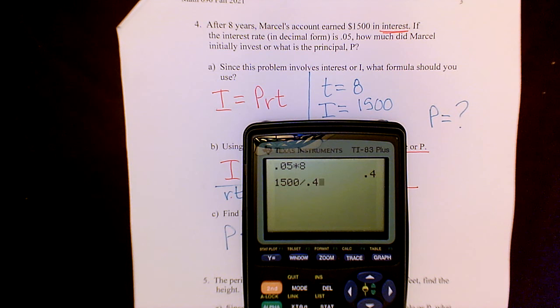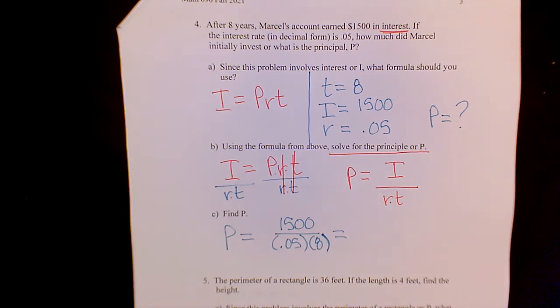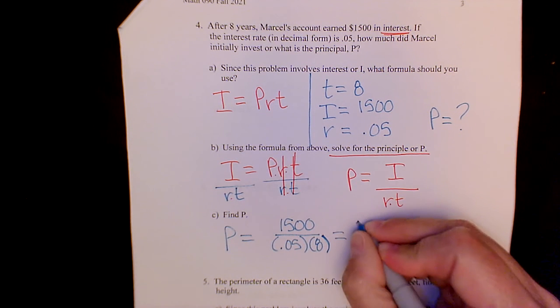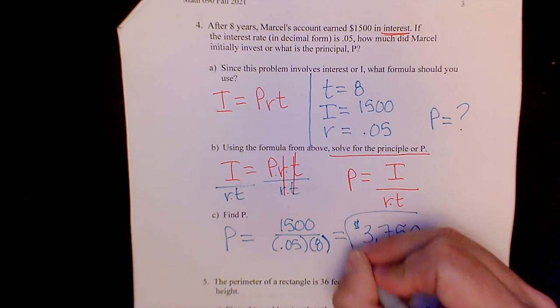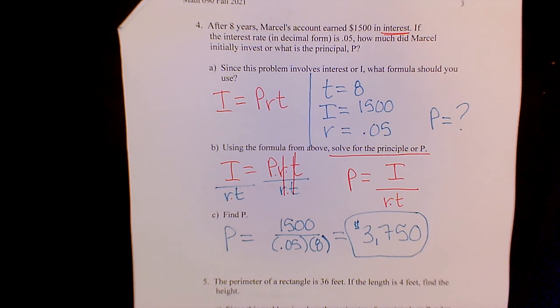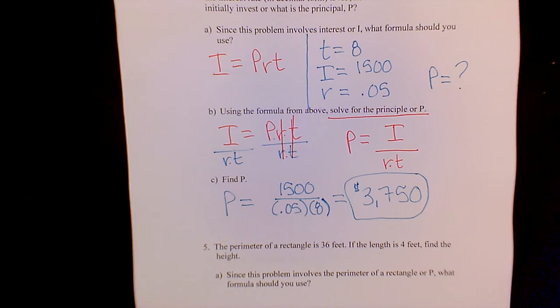That was my R times my T. And I get 3,750. So that's how much money I put away at the bank 8 years ago. 3,750. So that is my final answer.